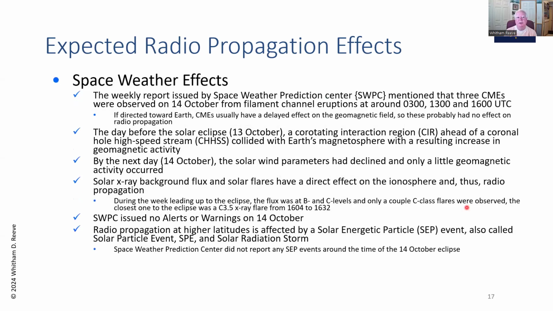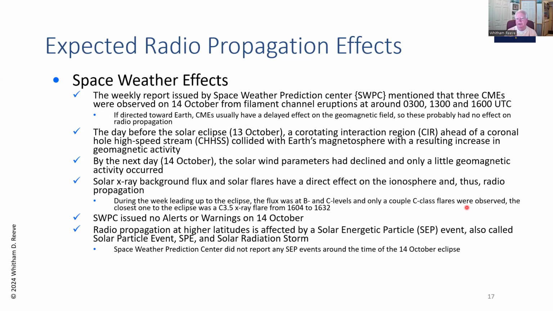You also have your space weather effects, coronal mass ejections. Those are delayed. So if there was a CME a few days before the eclipse, maybe it would collide with Earth's magnetosphere during the eclipse. That's going to really goof things up in terms of observations.